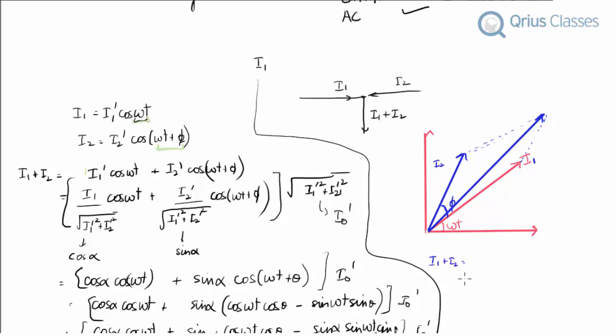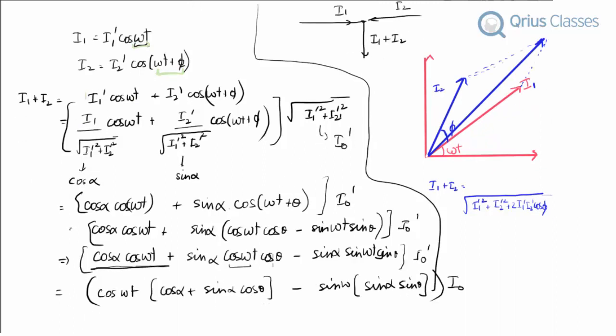So addition of these two vectors will directly yield us the root of I1 dash square plus I2 dash square plus 2 I1 dash I2 dash cos of phi, because the angle between them was phi. So this will be the length of this vector, which we would have found by simplifying this equation.